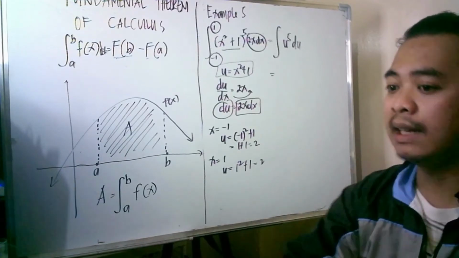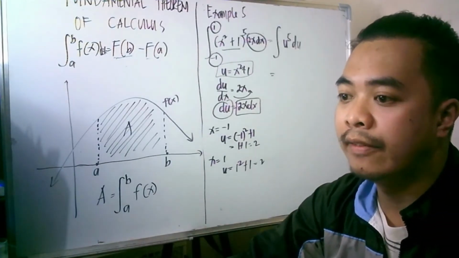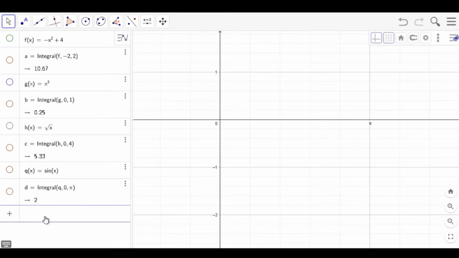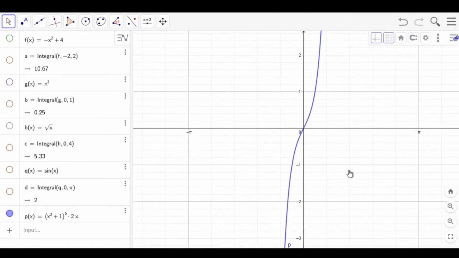Pag ganyan na, kasi ano bang itsura ng function? Let's try to graph it here. Ang function natin ay x squared plus 1 raised to 5 times 2x. Oh. So, ganyan yung itsura ng ating function.